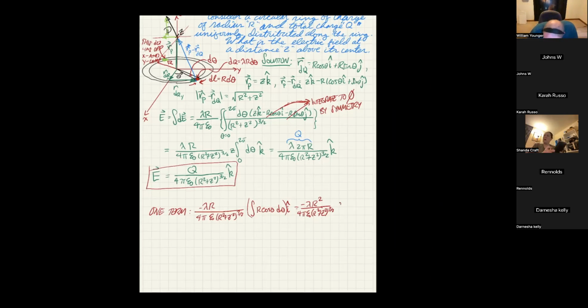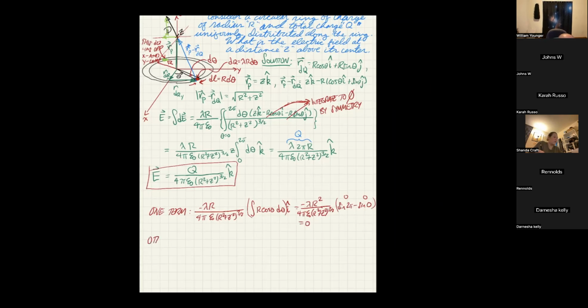So this is just going to be the sine of 2 pi minus the sine of 0. Ooh, of 0, not 2 pi. And of course, the sine of 2 pi is 0, and the sine of 0 is 0. So we just get 0.